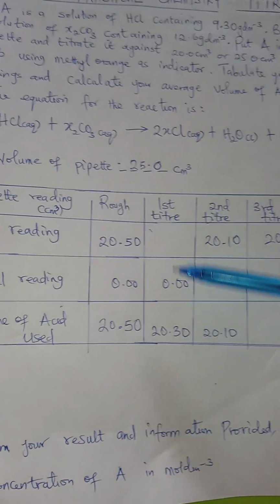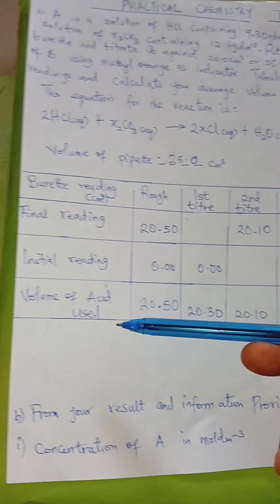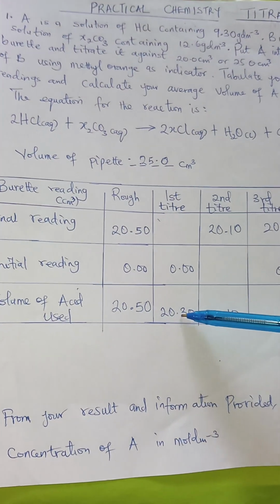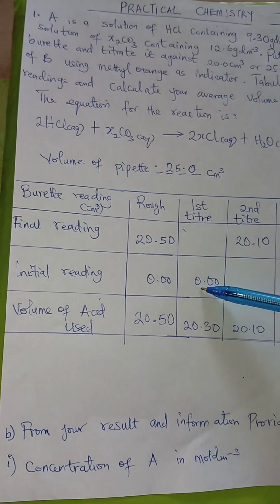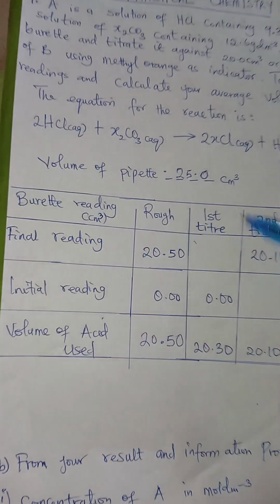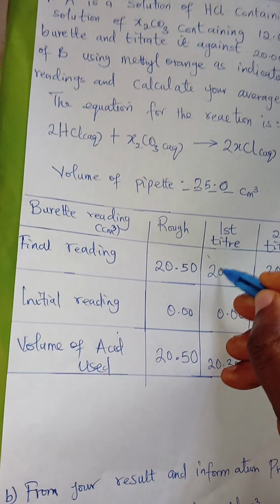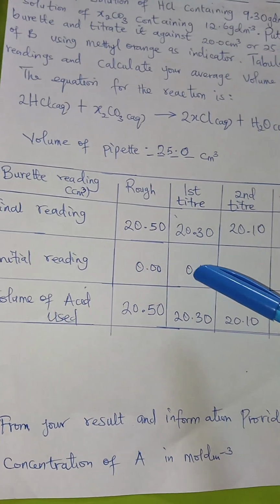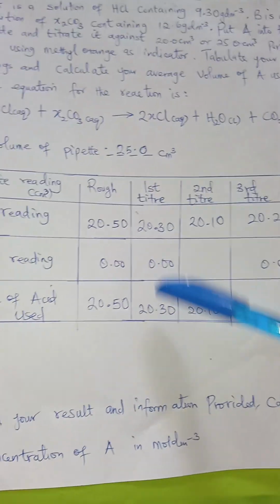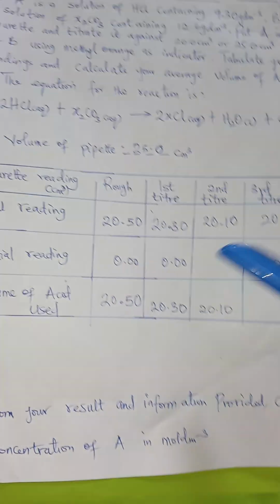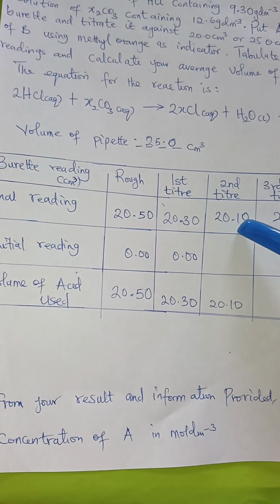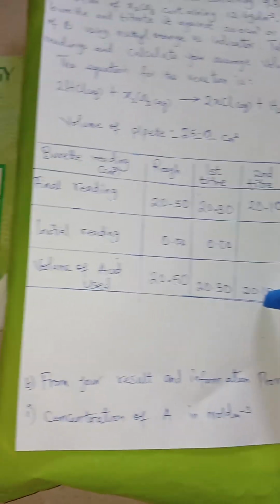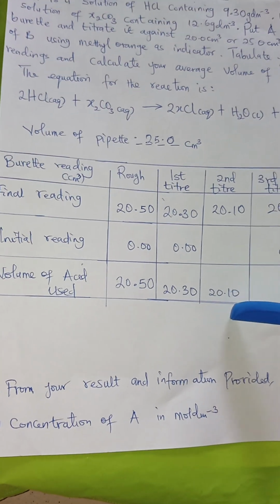Now how do I fill up the space? Since I have volume of A used here and I have initial reading to be 0.00, definitely my final reading should be 20.30. So that when I subtract 0.00 from 20.30, I will still get this value. Now I have 20.10 here and I have my volume of acid used to be 20.10.